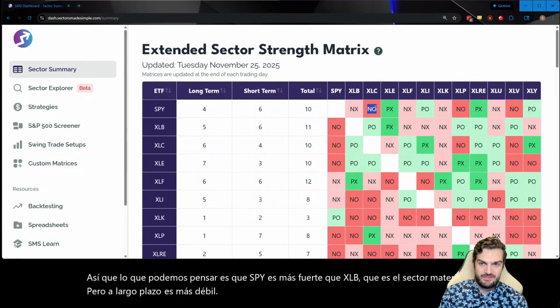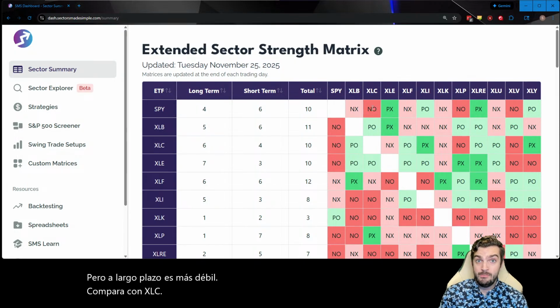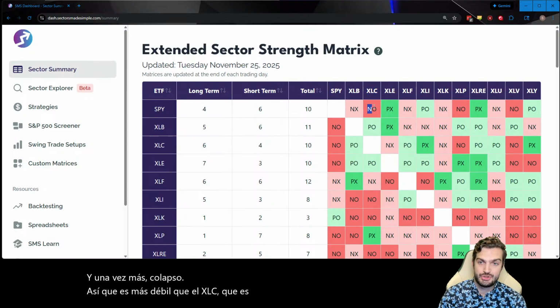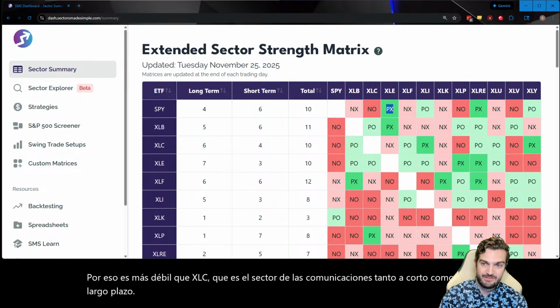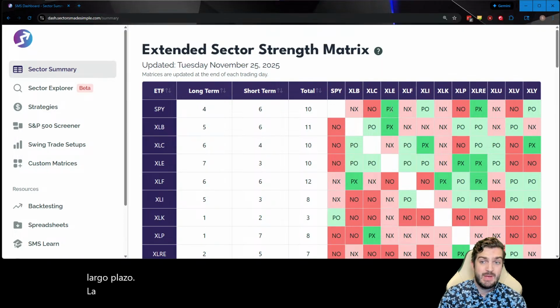SPY compared to XLC, O is a downtrend, N, once again, breakdown. So it is weaker than XLC, which is the communication sector, for short-term and long-term. The X is a win for short-term and for long-term.